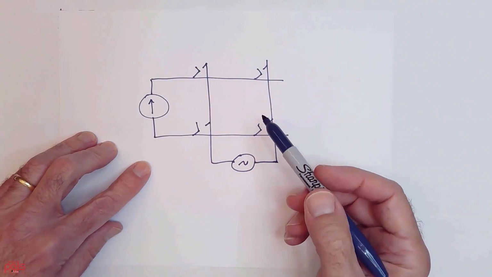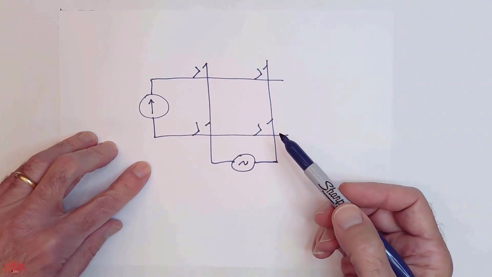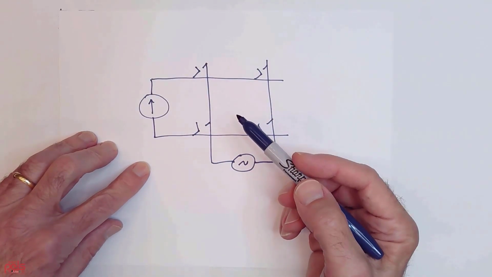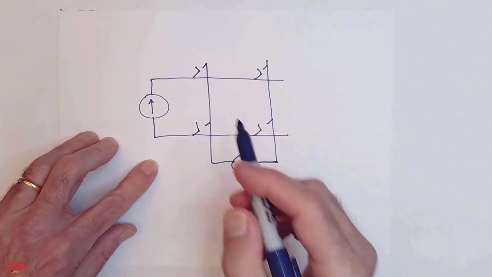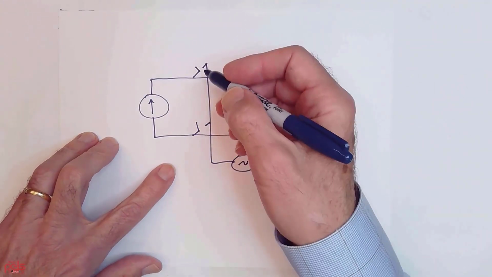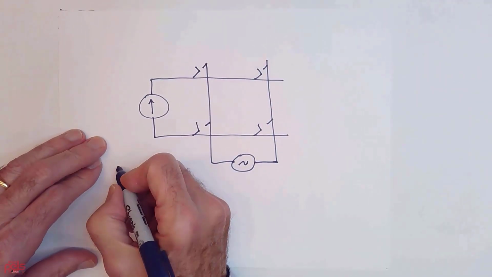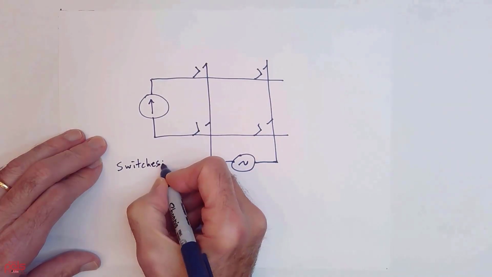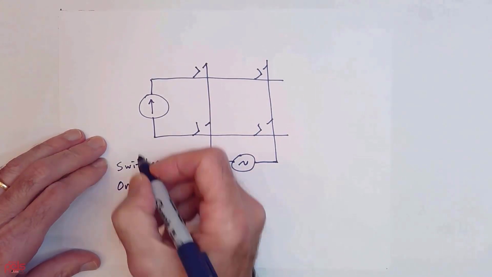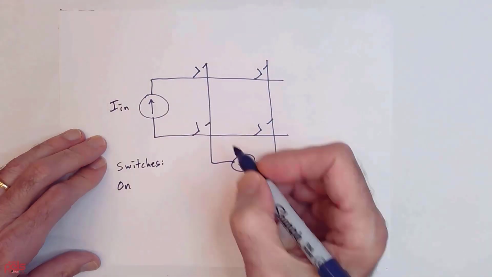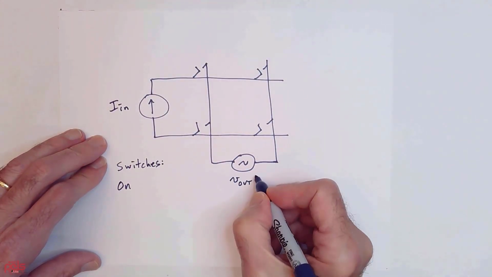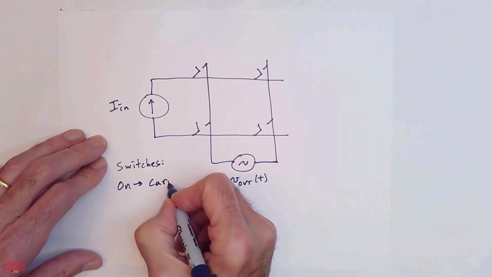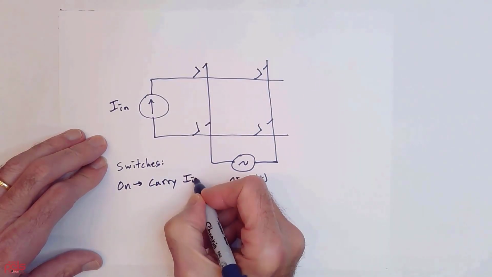So again, I don't want to imply that this doesn't have any applications. It most certainly does. And there are plenty of places where we might use it. But you'll notice now I have a different situation. So the switches, when they're on, have to carry I_in, a DC current.